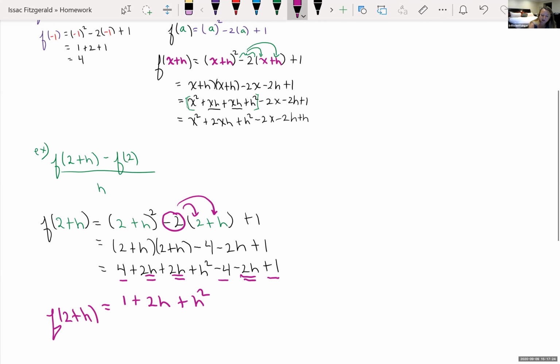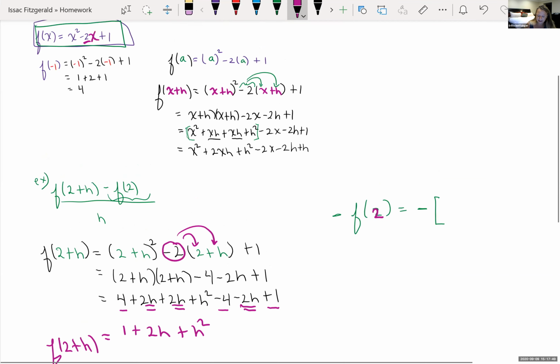It wants us to look at what is this negative f of 2. So negative f of 2. What this is telling me to do is wherever I see an x, I'm going to be plugging in 2. But this is negative in front of my function, f of 2. So go in here wherever you see an x in our function, which is this x squared.